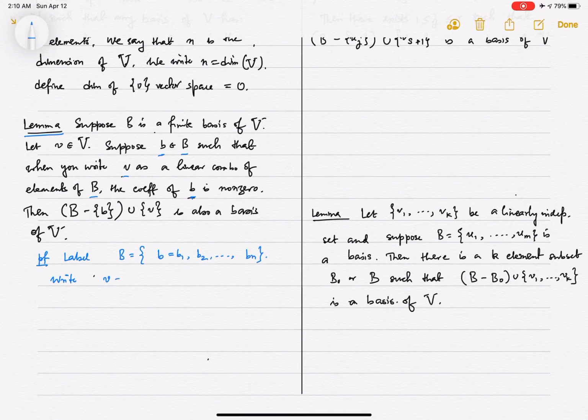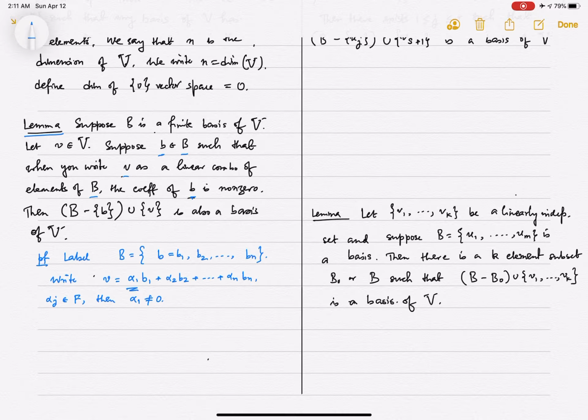That if I write V as alpha 1 times B1 plus alpha 2 times B2 plus ... plus alpha n times Bn, where the alphas are always in F, then this first one, alpha 1, is non-zero. That's the coefficient of B1, meaning the coefficient of B. That's what is given.